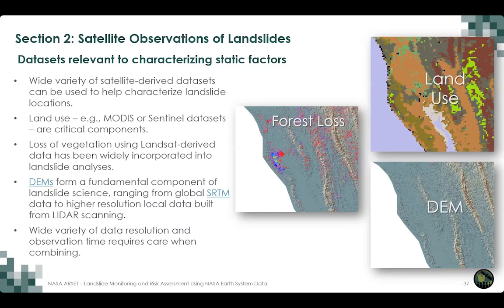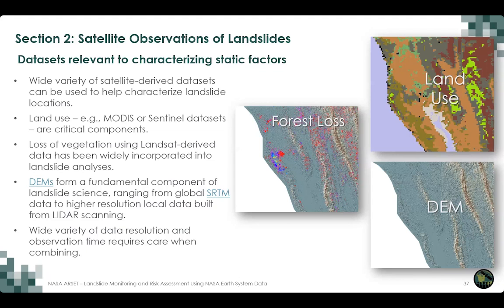Vegetation and the loss of forests, again, can lead to a higher likelihood of landsliding. Landsat has been used effectively to characterize this over many years, and this has been widely incorporated into landslide analysis. And then fundamentally, digital elevation models built from satellite sources globally are perhaps the most important data set used in landslide science.